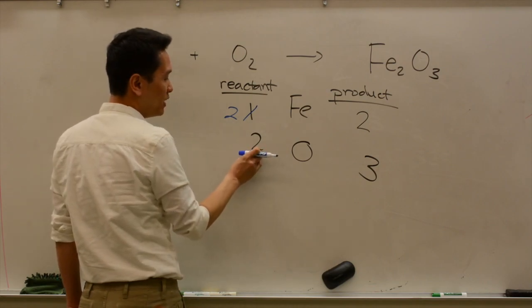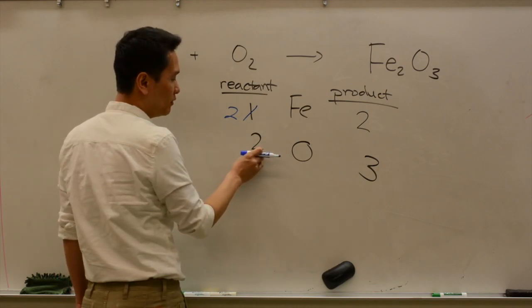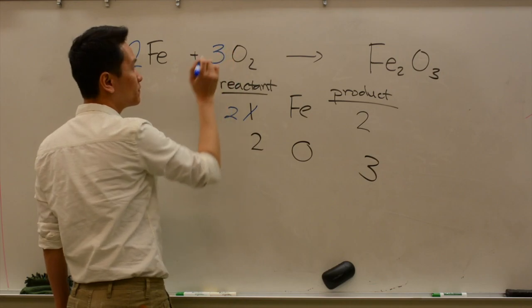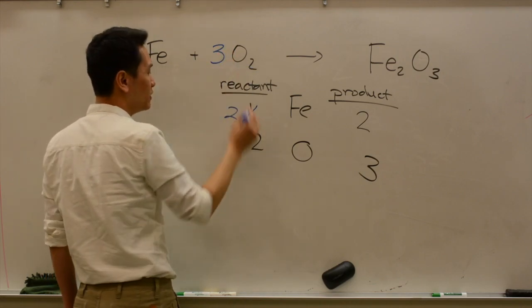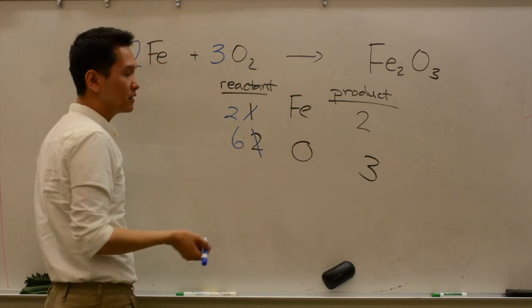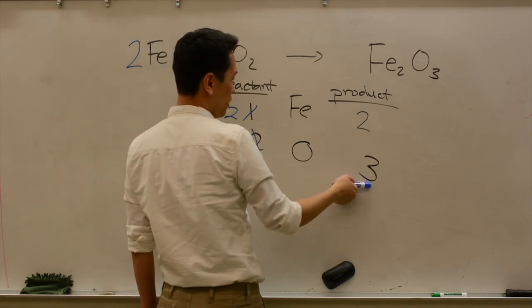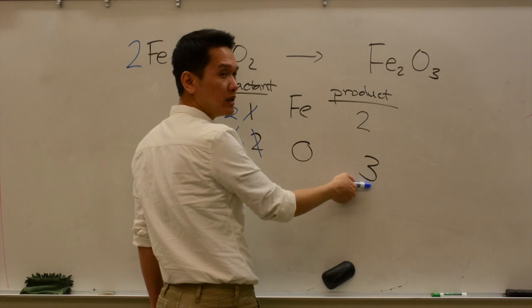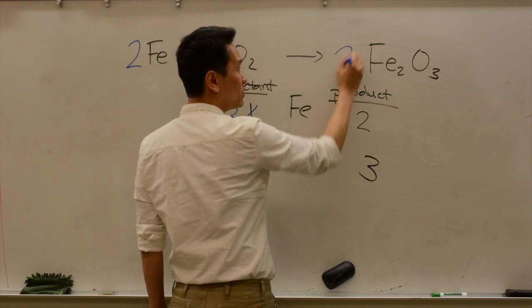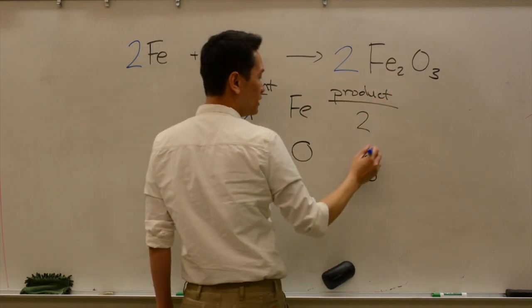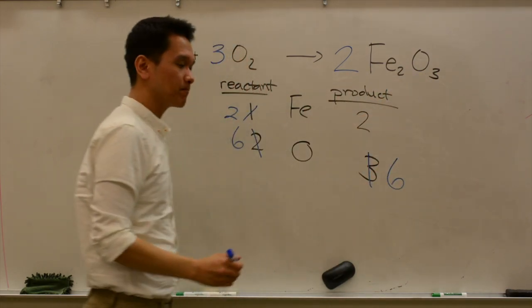So I ask myself, what needs to multiply itself to become 6? 3 times 2 is 6. On the opposite side, I also need to make this become a 6. So 3 times what equals 6? 3 times 2, right? 2 times 3 is now 6.